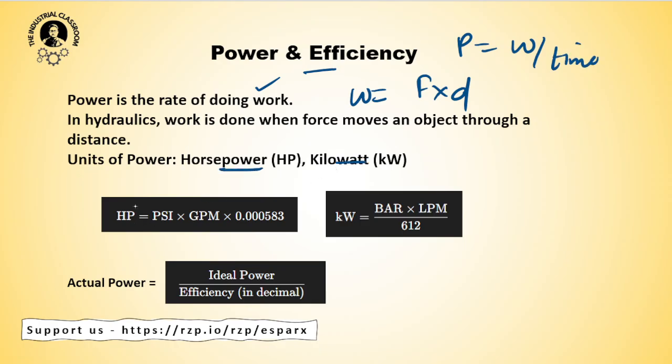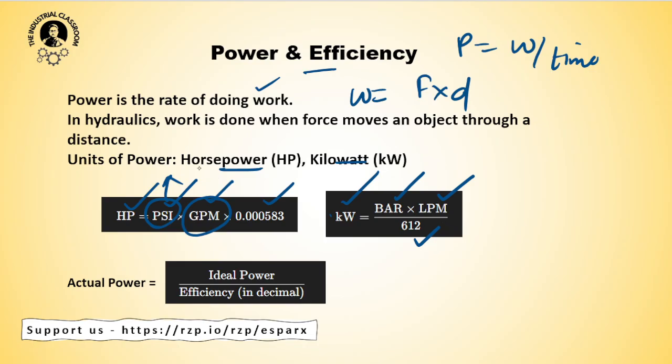Remember that HP is equal to PSI into GPM into 0.00583. Here PSI is pound per square inch and GPM is gallons per minute. And kW is equal to bar into liter per minute divided by 612. These are just some formulas; you do not need to memorize all of this.